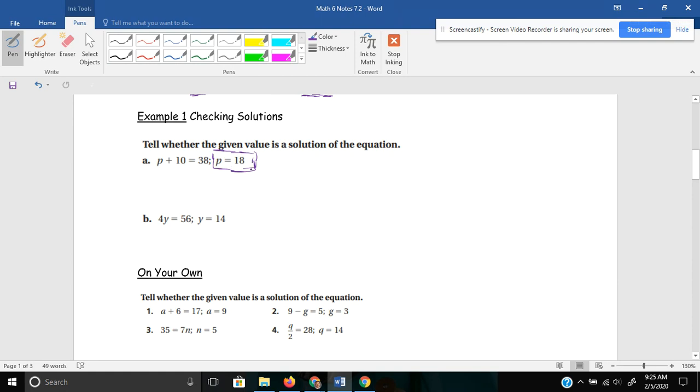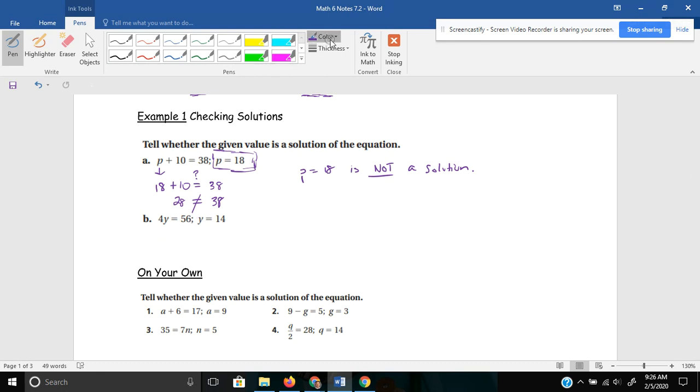We will substitute in 18 for p. 18 plus 10, does that equal 38? Well, 18 plus 10 would give me 28, and 28 does not equal 38. So p equals 18 is not a solution to the equation p plus 10 equals 38.